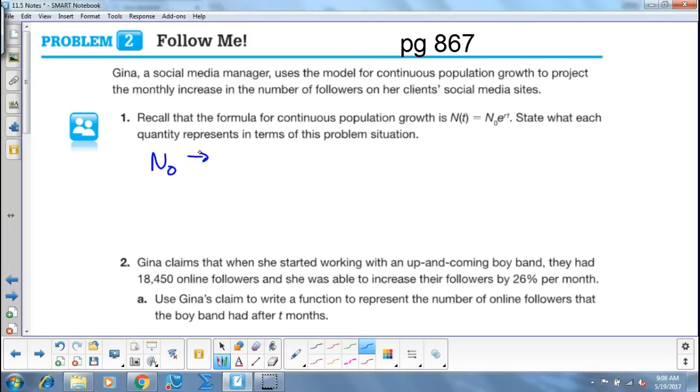What's that going to be? It's like PERT. So what's P in PERT? Starting amount. How much you start with? What's R?